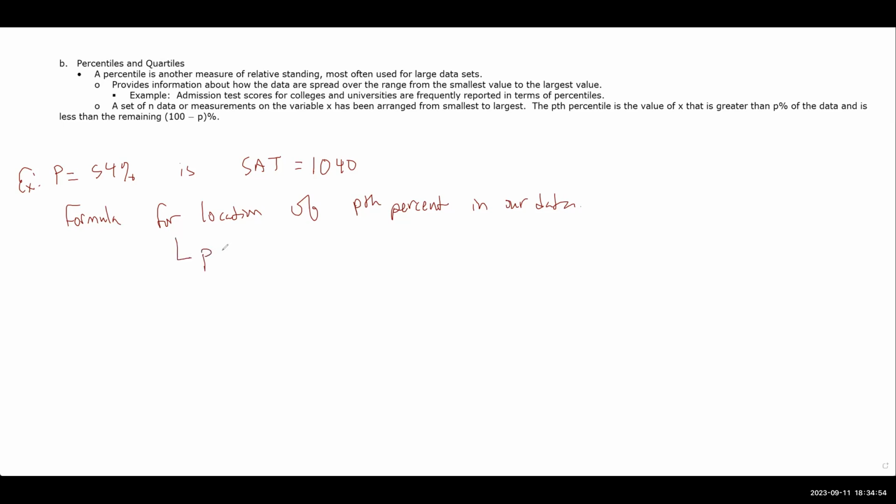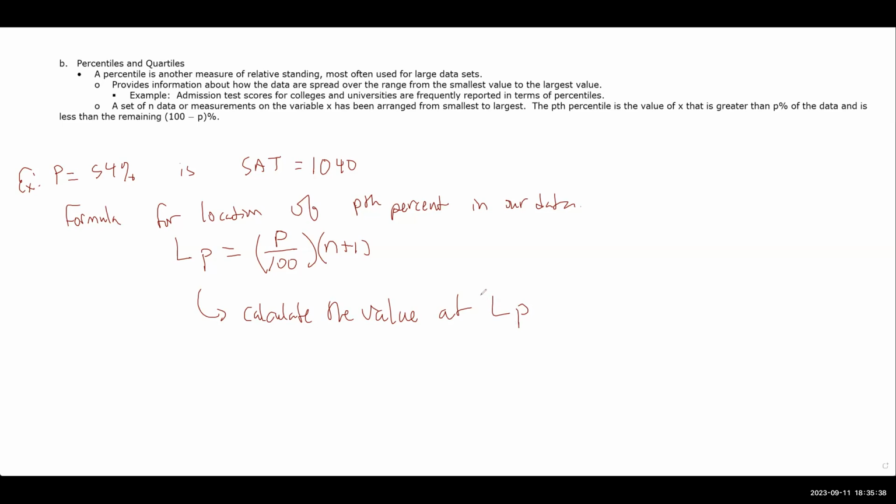That formula is Lp equals p divided by 100 times (n plus 1). So how do we figure this out? The next thing is to figure out the value at that location. We can use the location of the p percent, and from here we can calculate the value at Lp.